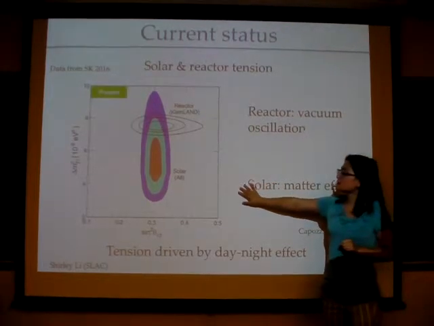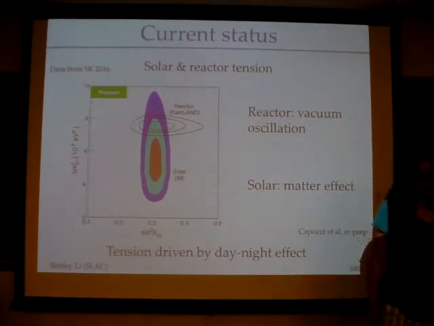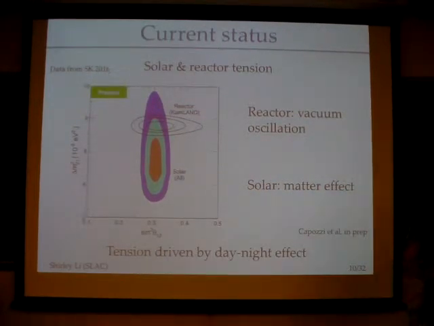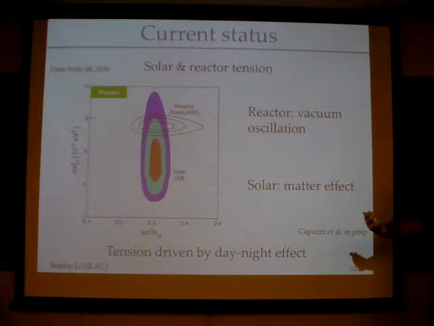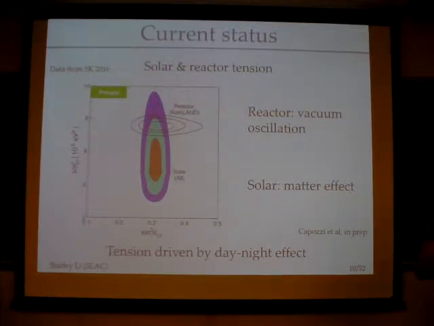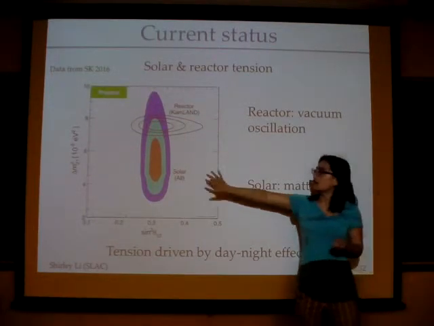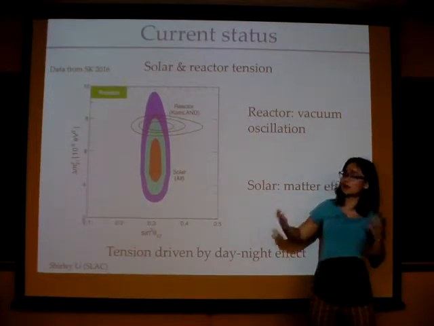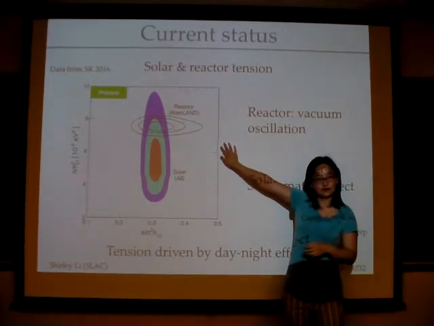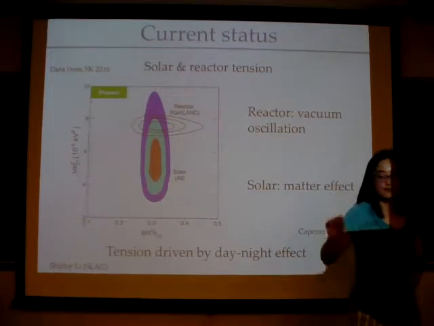But the solar measurement, rather than an oscillation effect, is really measuring neutrino-matter weak interaction that's accumulated through the neutrino going through the entire sun. So it's plausible that if you believe there's some beyond standard model neutrino interaction with matter, then that would affect this solar measurement, but would not show up in the reactor measurement.